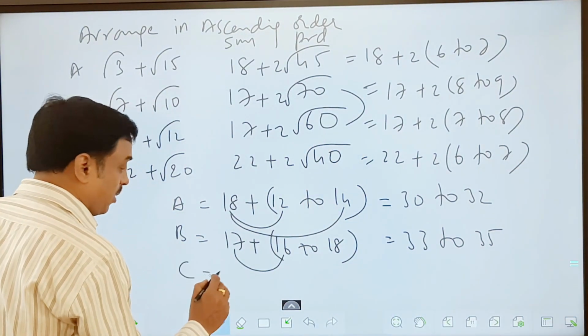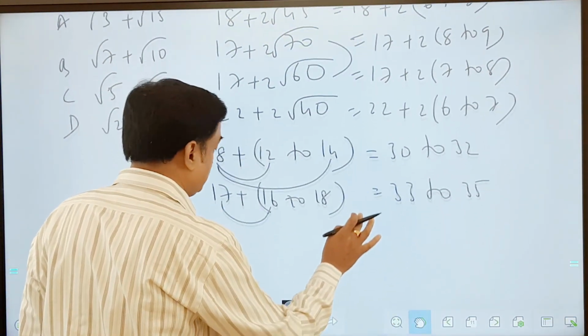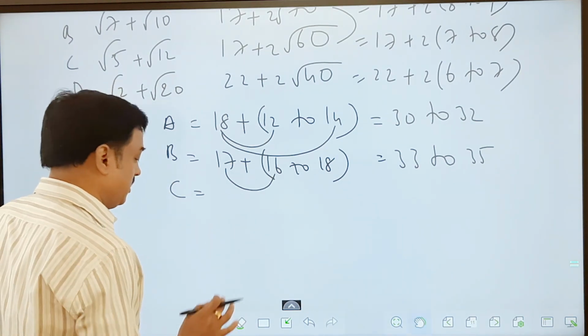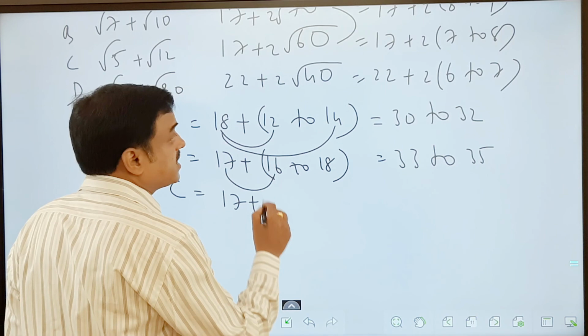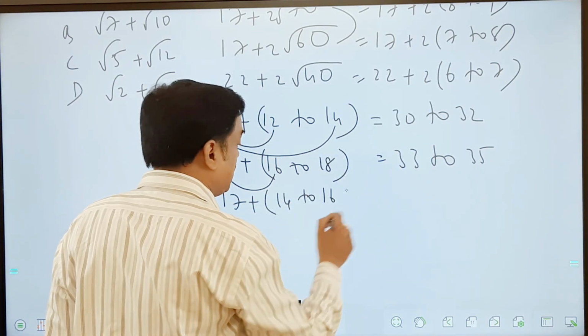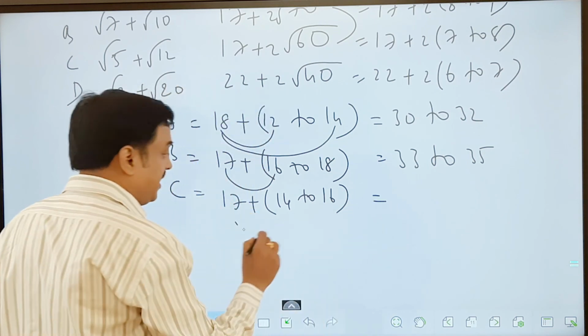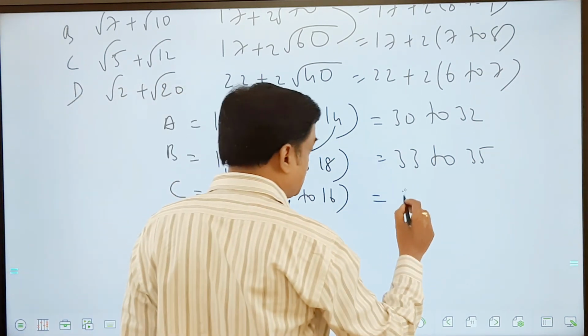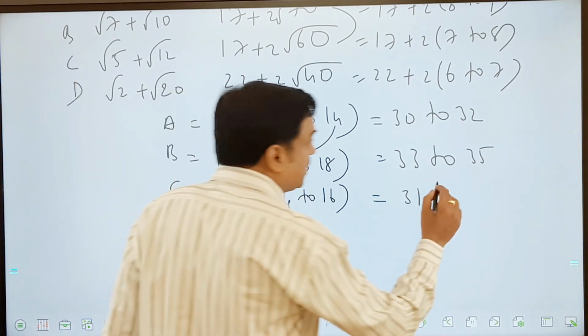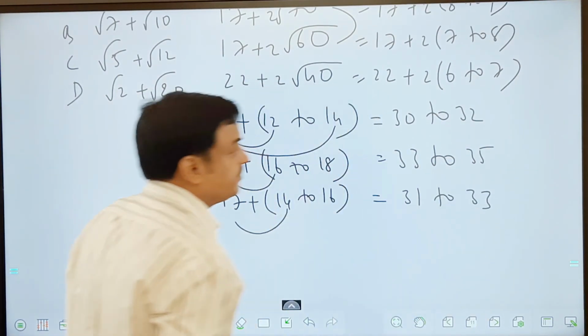Next one, C, if you observe. The C value we got here is 17 plus 2 into 7 to 8, that is 14 to 16. Then 17 plus 14 is 31, and 17 plus 16 is 33.